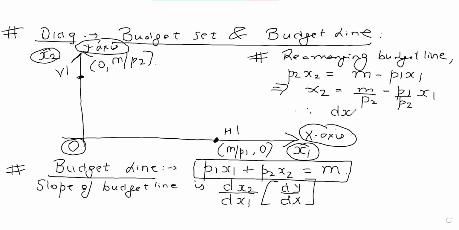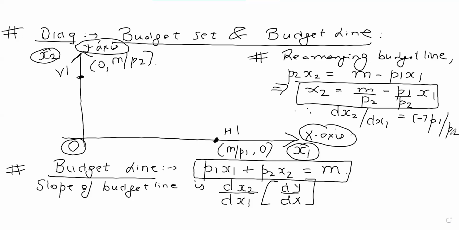If I differentiate x2 with respect to x1, you get minus P1 by P2. Again, I'm repeating, students who have taken up my intermediate microeconomics course, you should be comfortable with mathematical methods for economics as a prerequisite for my intermediate microeconomics part 1 course. So the slope of the budget line is therefore minus P1 by P2, which is the ratio of the prices.